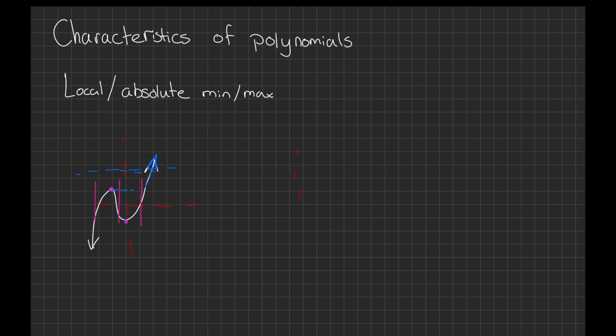Let's say we have the polynomial that resembles something like this. These are just rough sketches, but we can see this one here has a local minimum here, a local maximum there. And you know what? Let's just modify this function to make it a little more clear. Let's say it goes like that.